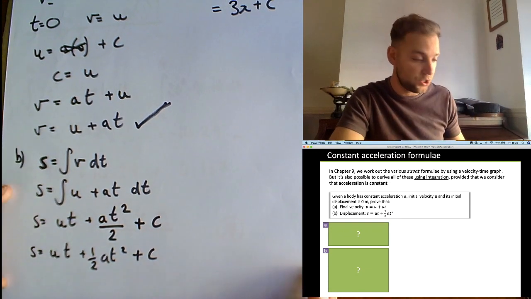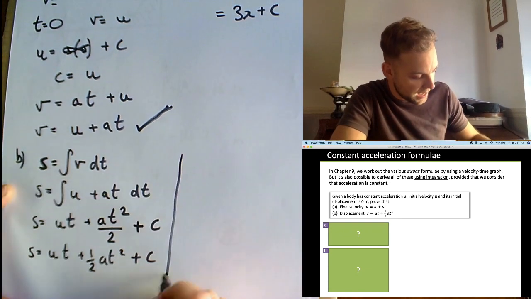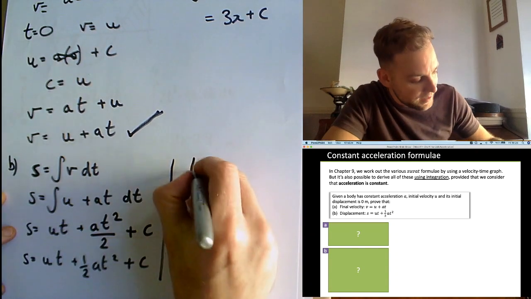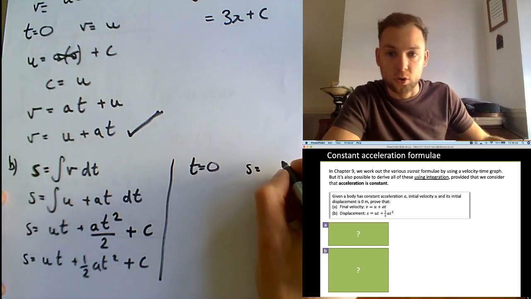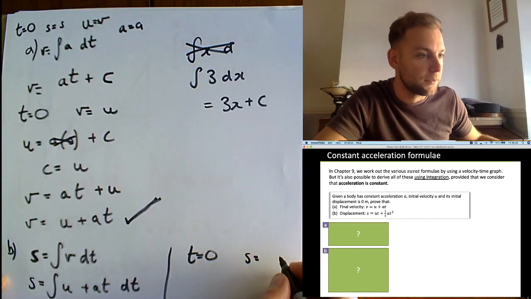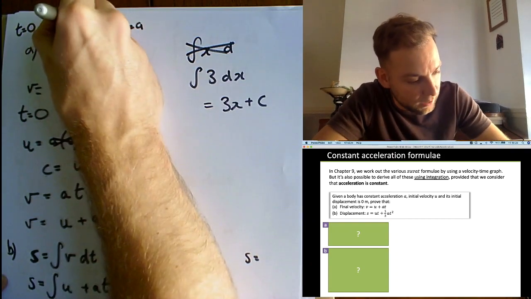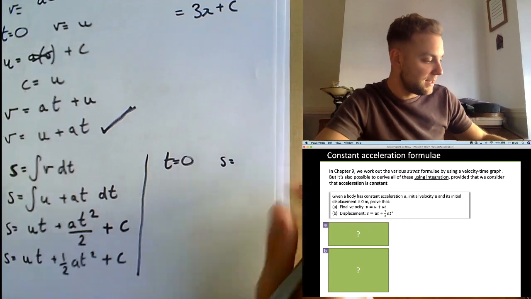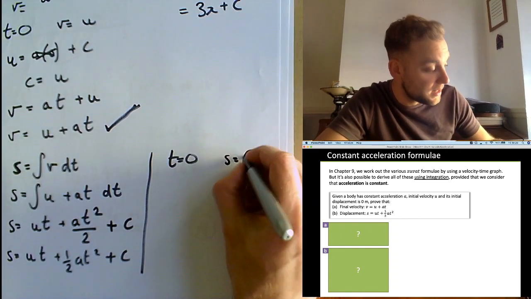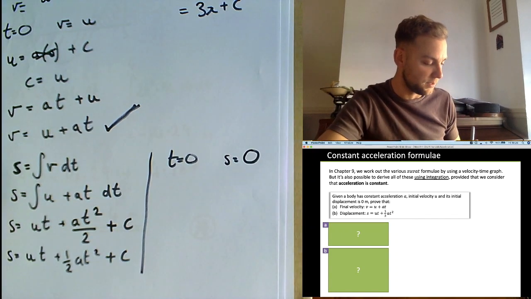I'm not quite finished just yet. It tells me that when t is equal to 0, my displacement is equal to 0.